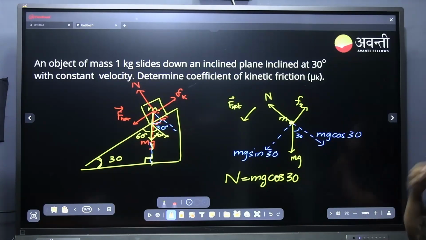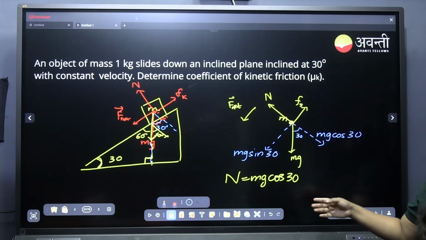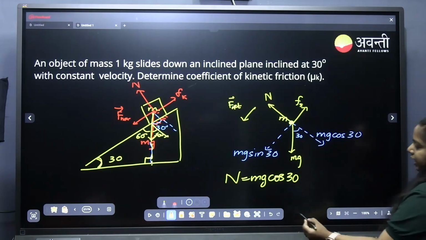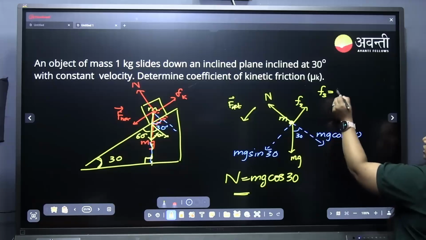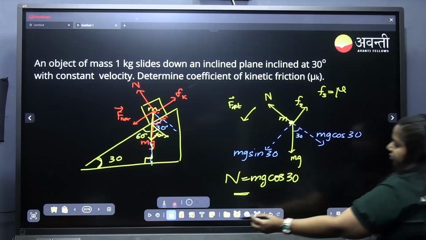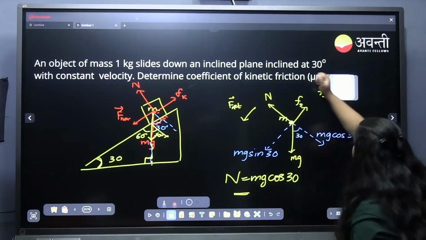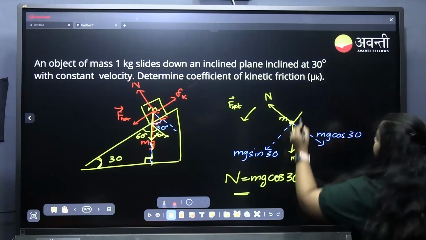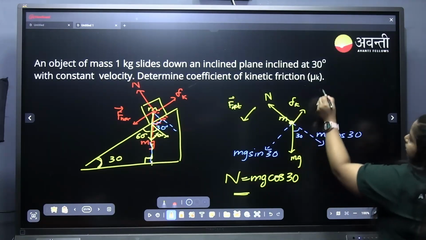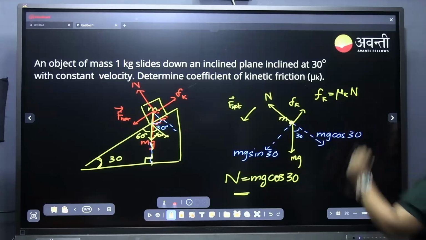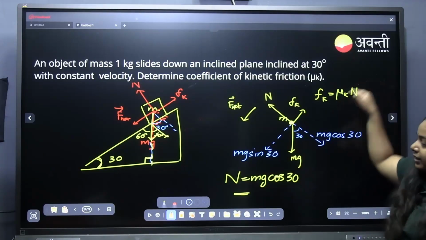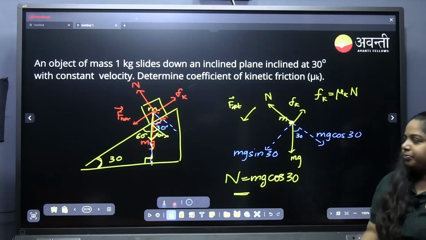Why are we finding this? Because kinetic friction, sorry, not static friction, kinetic friction is equal to mu k into N, right? We need N, that's why we are finding it first.